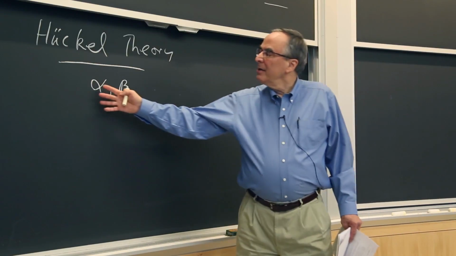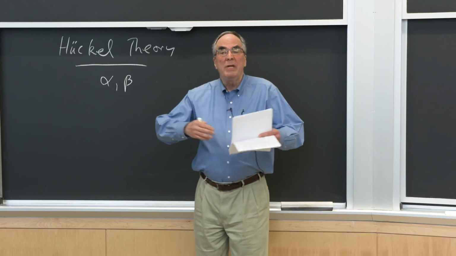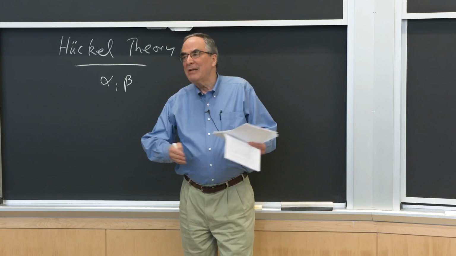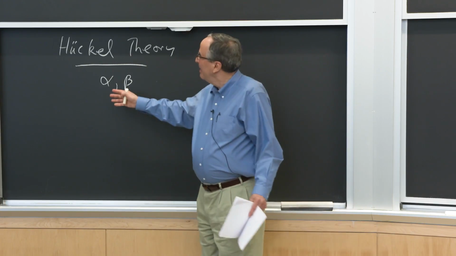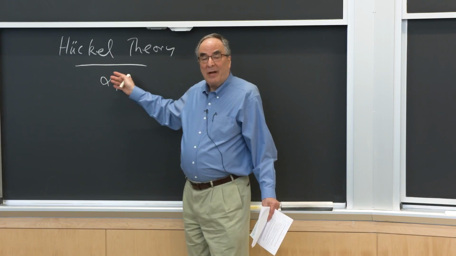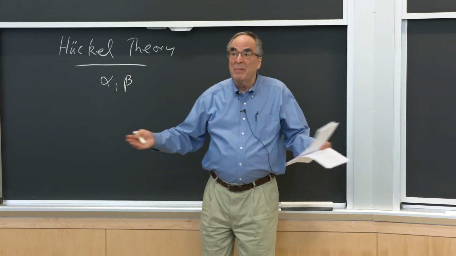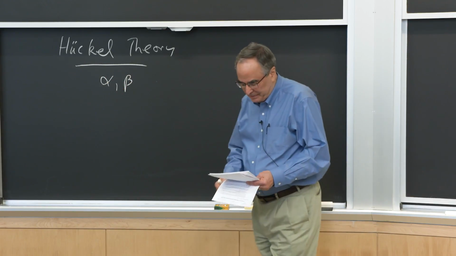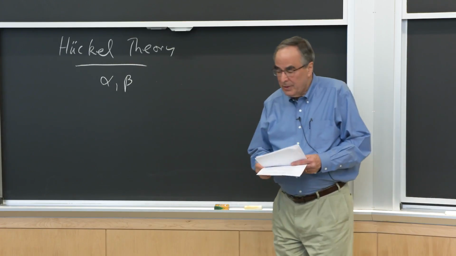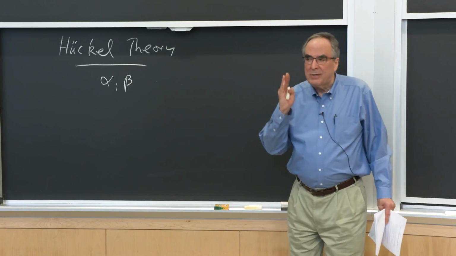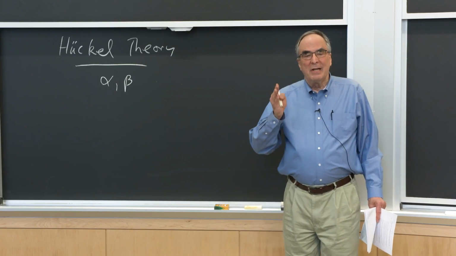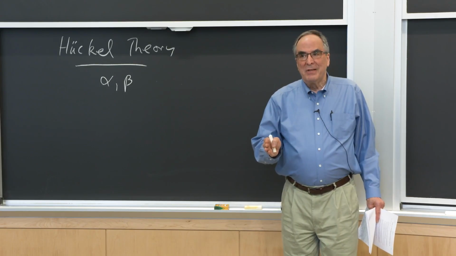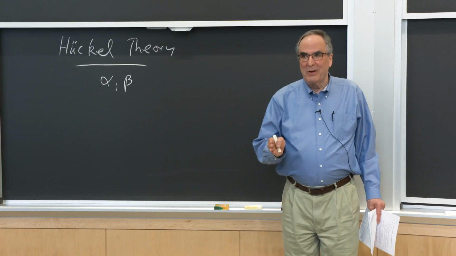And these are parameters that are sort of agreed upon by international committee. It's not a committee, but people say, okay, this is the value of alpha and beta that we're going to use to describe many problems. But I just want to make sure you understand that Huckel theory is only a little bit more ridiculous than LCAO-MO theory.